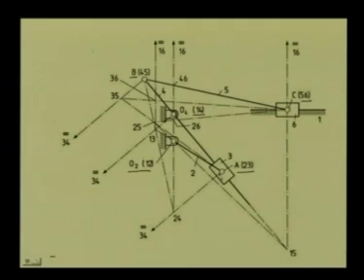Corresponding to the prismatic pair between 3 and 4 along this O4A, we have 3, 4 in a direction perpendicular to O4A and lying at infinity. So, all these parallel lines, 3, 4 lie at infinity along this direction. Similarly, 6 is in horizontal translation with respect to link 1. So, the relative instantaneous center 1, 6 is at infinity in the vertical direction.